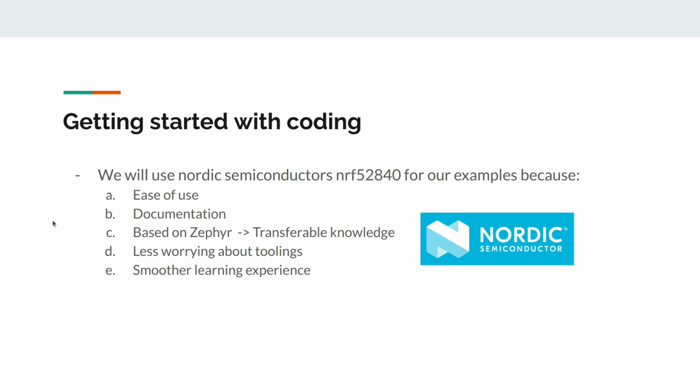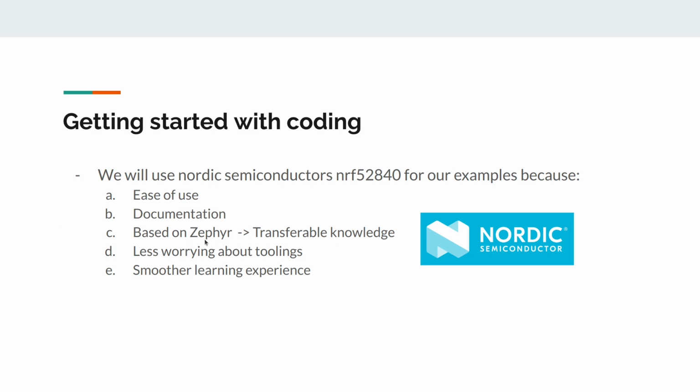Then about our examples. We will use the NRF52840 from Nordic Semiconductor, and the reason is that this is one of the most documented devices from Nordic, very well used, and there's just a lot of documentation for it. So it's very good for beginners. The software stack from Nordic is now based on Zephyr, so a lot of the knowledge that we learn here will be transferable.